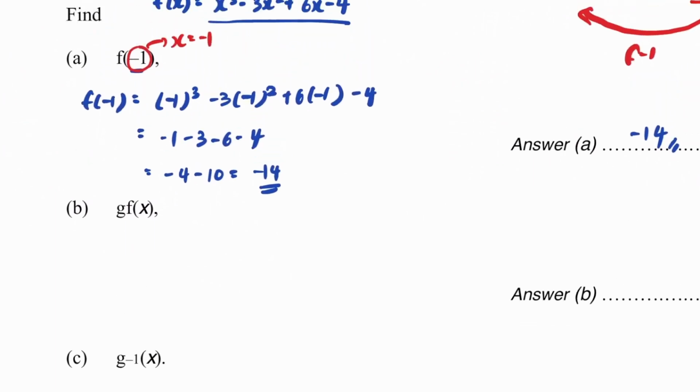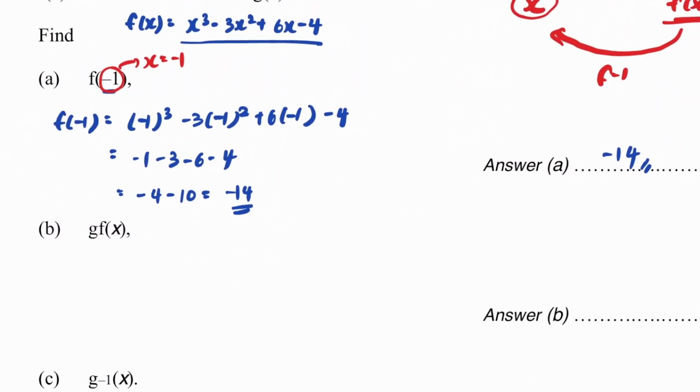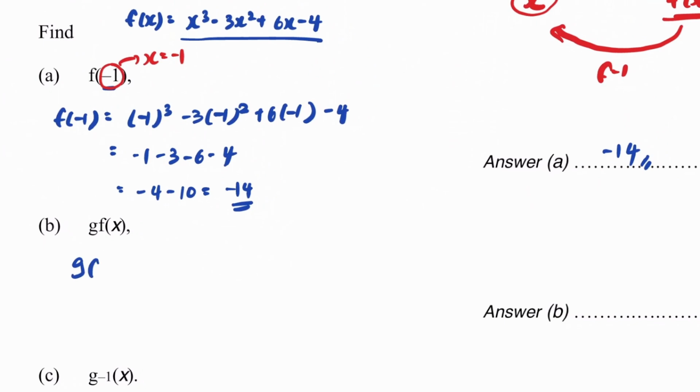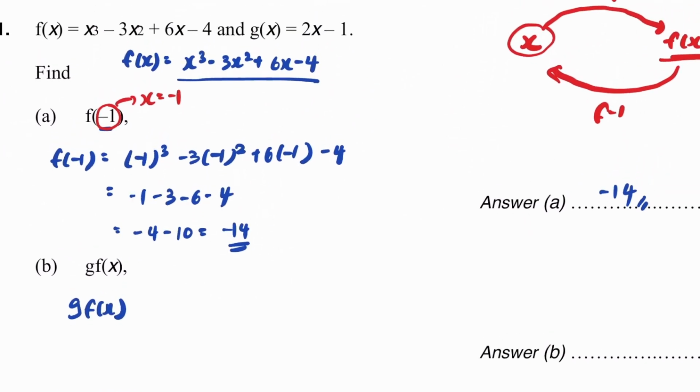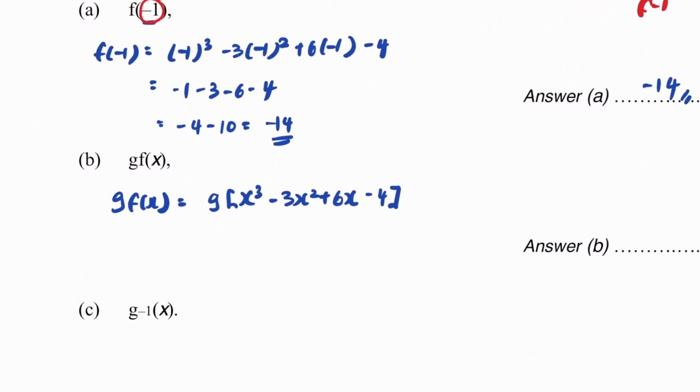So g of f(x). This is basically the composite function where you need to put f(x) inside the function of g. You know that f(x) is this long cubic equation, x cubed minus 3x squared plus 6x minus 4.